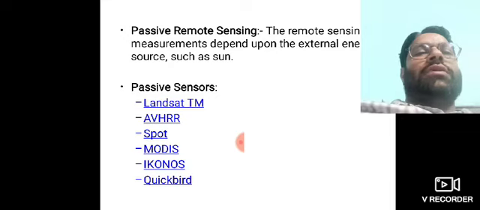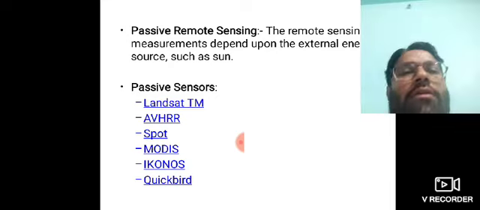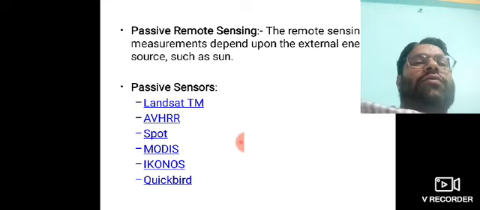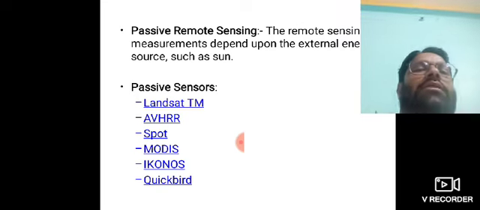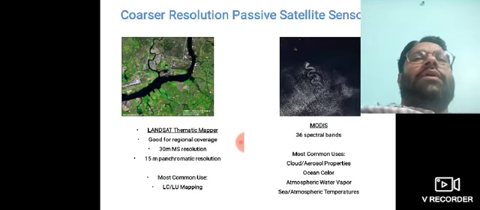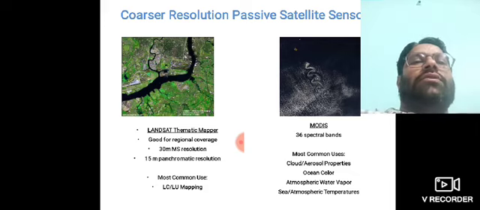When we use the sun as a source of energy, then it is called passive remote sensing. The passive remote sensors are Landsat TM, AVHRR, SPOT, MODIS, IKONOS, QuickBird. These are a few examples. The resolution of the sensor may be coarser or higher. Coarser resolution means less resolution.